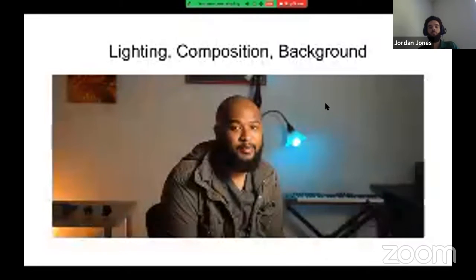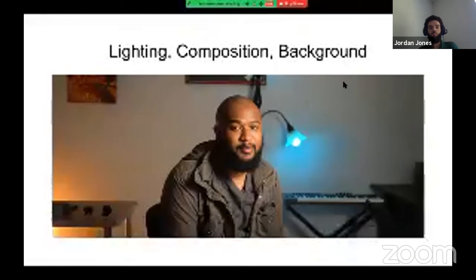So I want to talk about when you're doing your videos, your lighting and your composition and your background. I know a lot of YouTubers emphasize the background. What I did here was I have color lights in my background to make it more interesting. And I have one light on the side here, on camera right, hitting my face. Here's a breakdown.